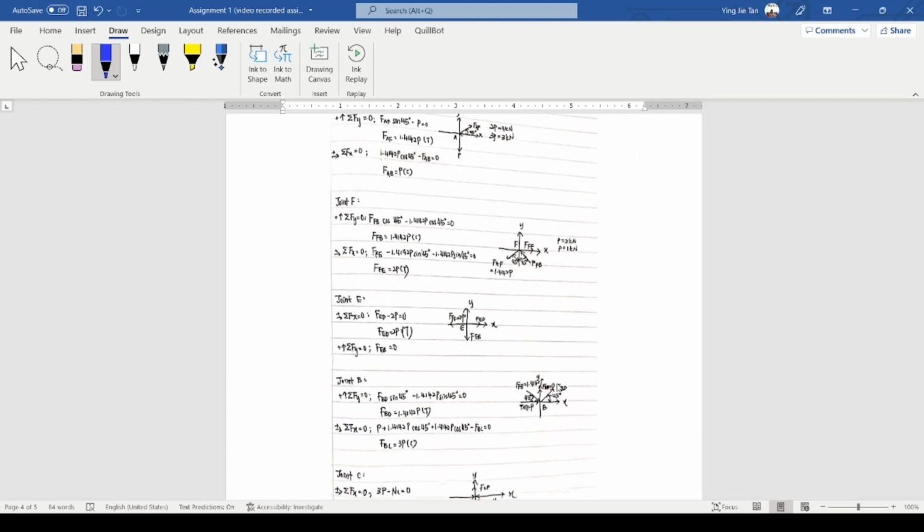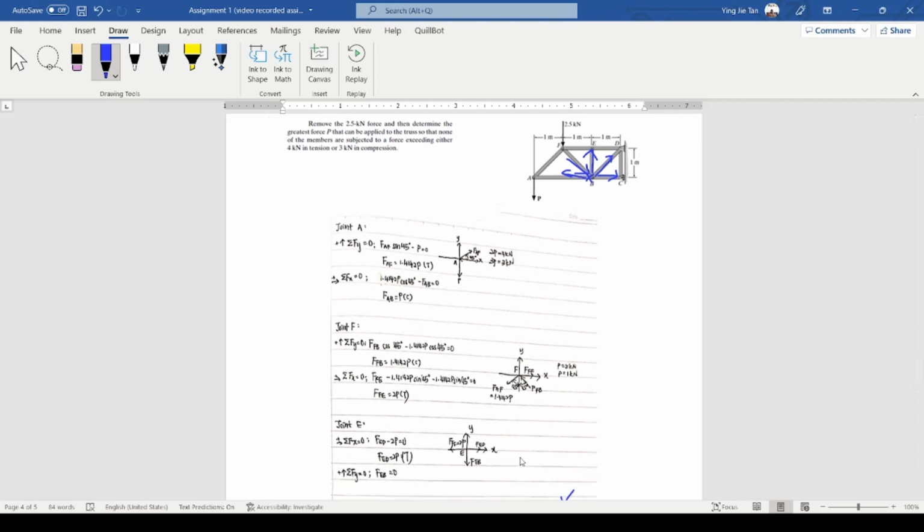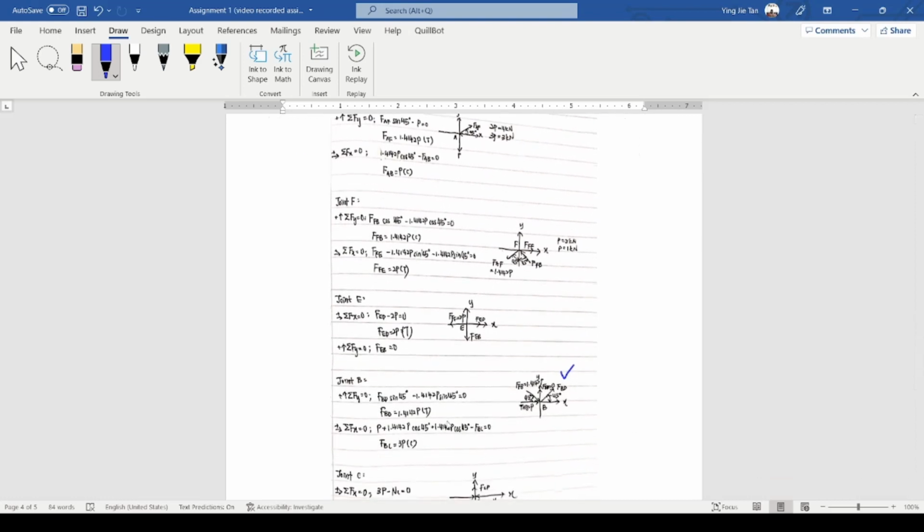Okay, so we will get this one, joint B. When we consider Fy equals 0, which is your y component, we will have the resultant FBD sine 45, and then we get negative FAB, P sine 45, this one.